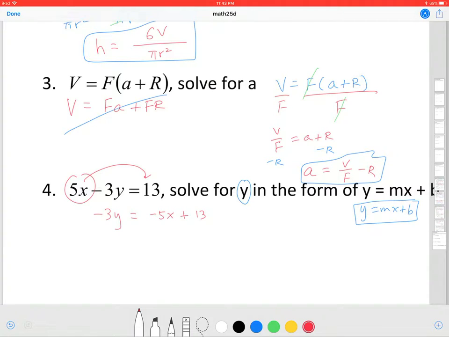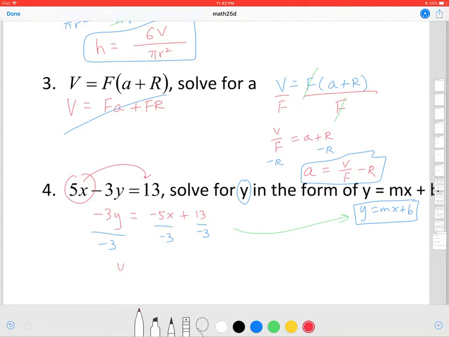What I have now is negative 3 multiplying the y, so I want to divide by negative 3. Usually we'll write it like this, which is not wrong, but if I do that, I don't quite get this form right here. So instead, I'm going to divide like this, which is the same thing.